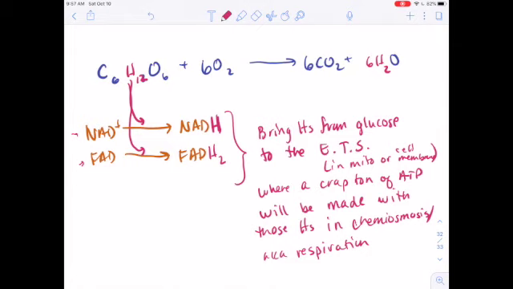When those hydrogens have been used in chemiosmosis, also known as respiration, a proton motive force, those are all parts of that process. When they're done, the hydrogens will bind to oxygen to form water.